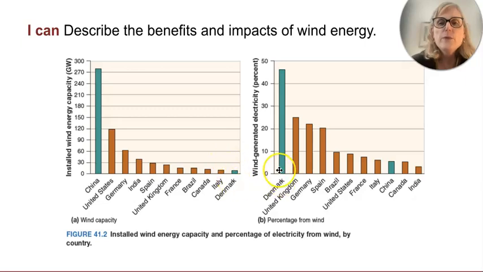So remember, Denmark is a small country and China is a big country. So even though China produces the most gigawatts, it's only about 6% of their total electricity. So keep those two kinds of statistics straight in your head.